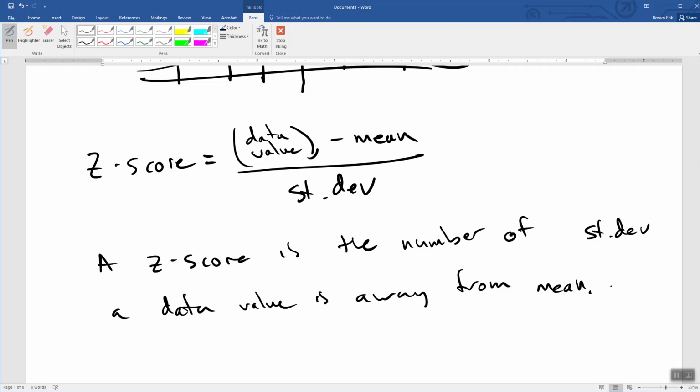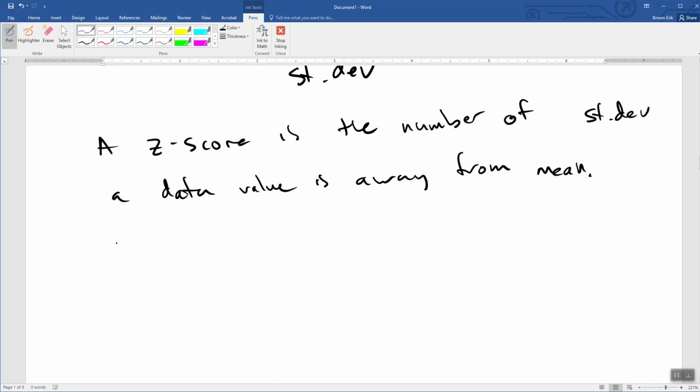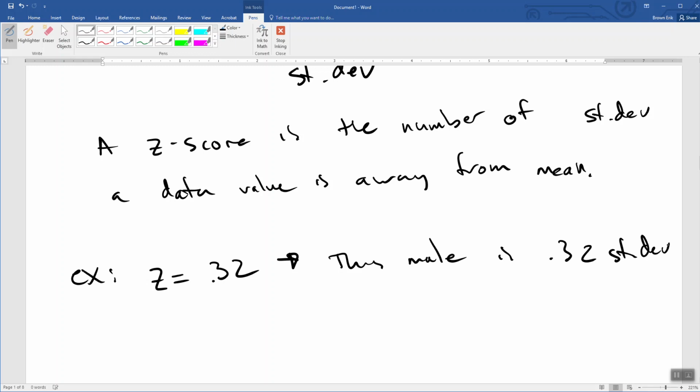In other words, we're calculating the distance a particular data value is from the mean, and the units of measurement are standard deviations. So, for example, if we're talking about the mean heights of males in America, and say a particular male, let's do me, say my z-score is 0.32, that would mean this male is 0.32 standard deviations above the mean.